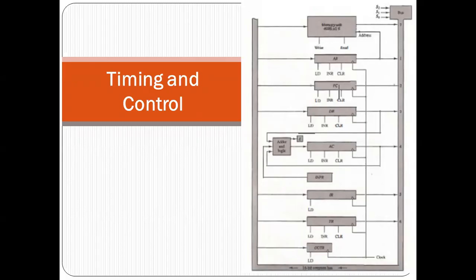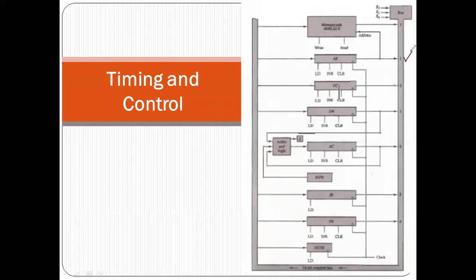We know the PC holds the 12-bit first instruction address. That has to be first copied onto AR. How can you copy the contents of PC onto AR? To do so, we need the common bus.